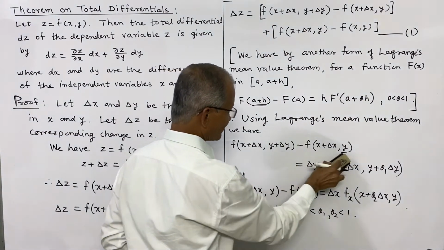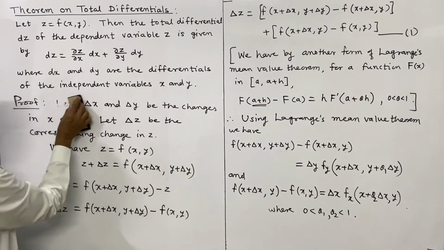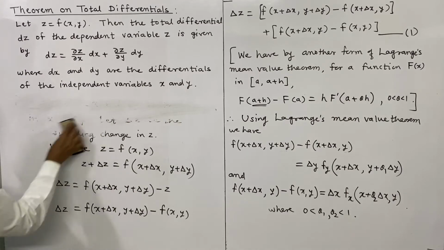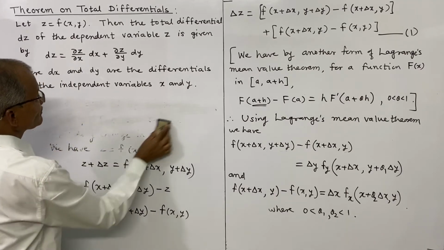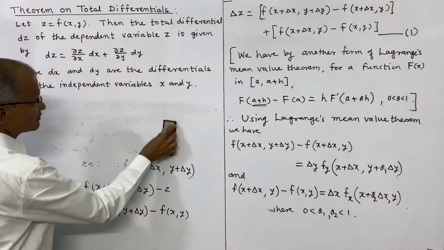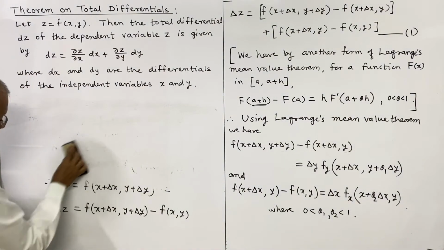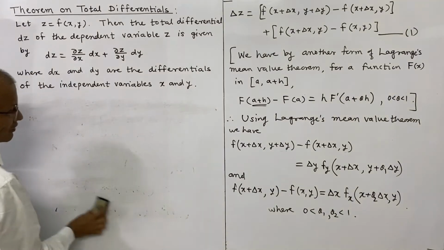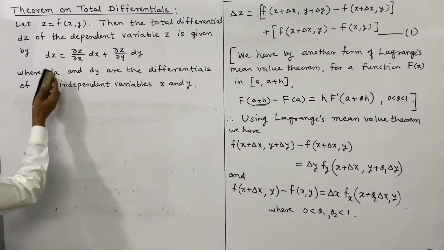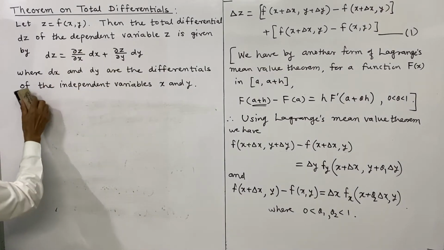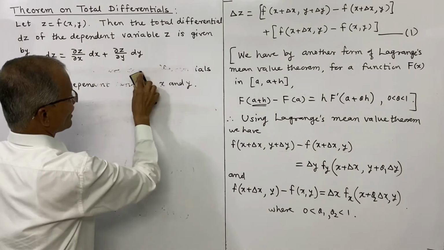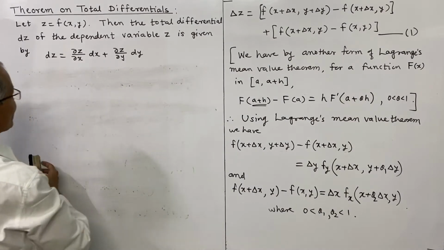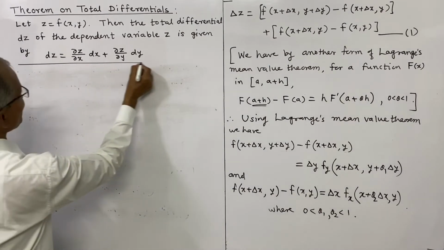So using these in 1, what shall we get? Here I have written that dx and dy are the differentials of x and y, so that we can remember, and therefore I shall write the further steps here. So this is the main result we want to prove.